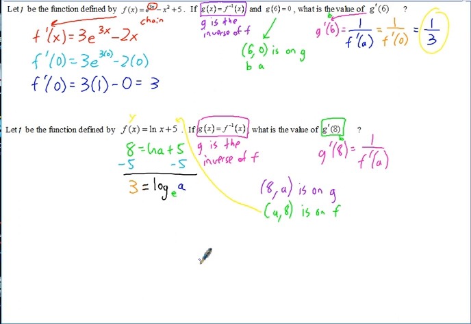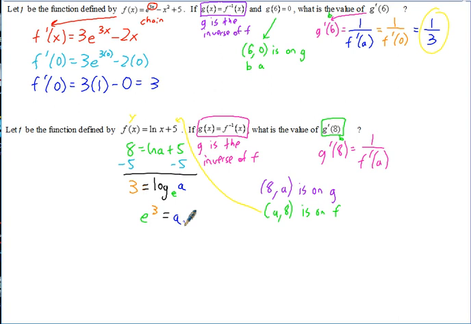So then now to solve this for a, to get it out of the logarithm, we just have to switch it from logarithmic form to exponential form. So the base is e. The exponent, remember the log is equal to the exponent, so the exponent is 3, e to the 3rd equals what's inside the log, a. So now we know a is e cubed.